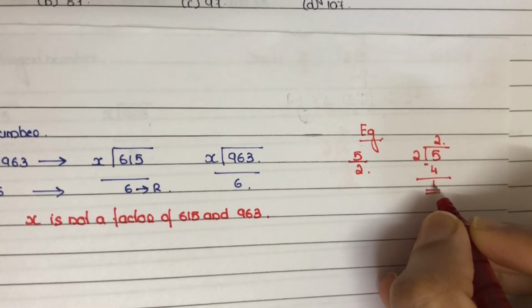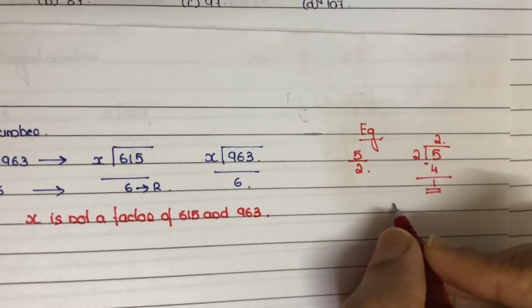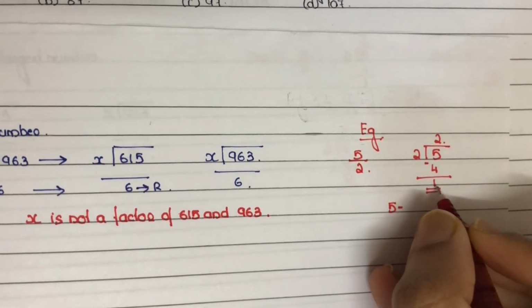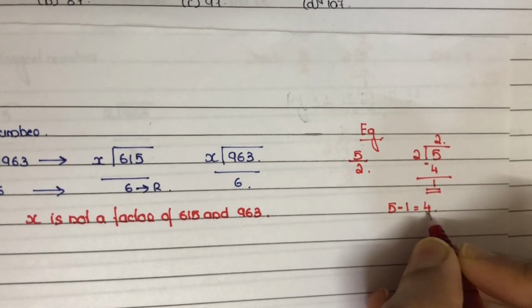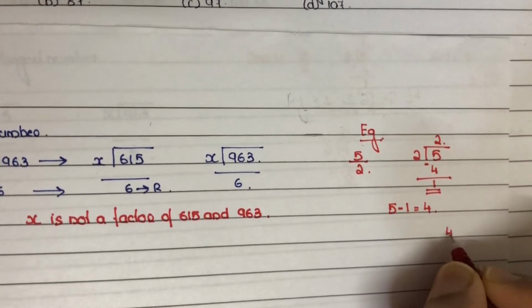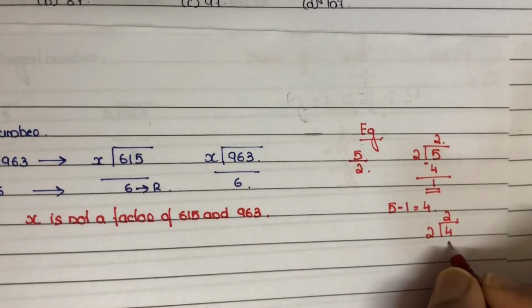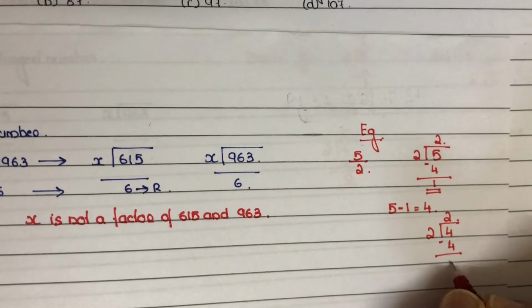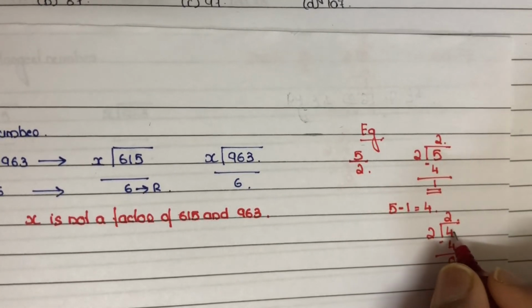If you subtract this remainder from the dividend, here dividend is 5, right? So if you subtract this remainder from 5, you will get 4 as the new dividend. Now again 4 divided by 2, 2 into 2 is 4, 4 minus 4, remainder equal to 0. Means what? 2 is a factor of 4.